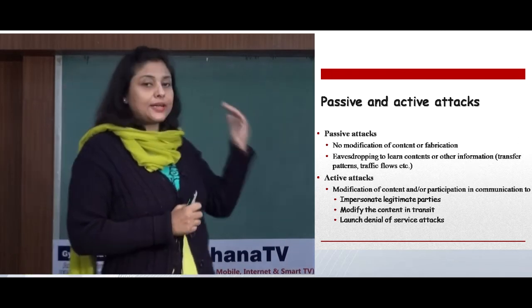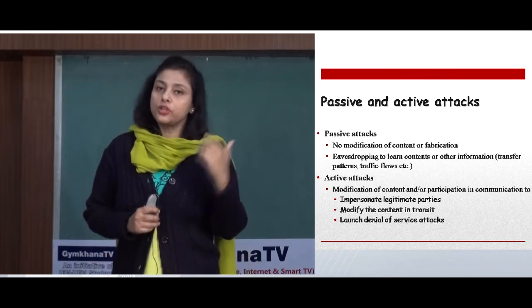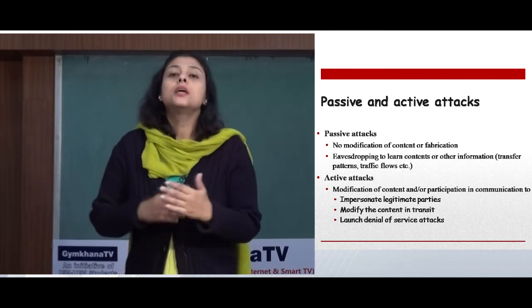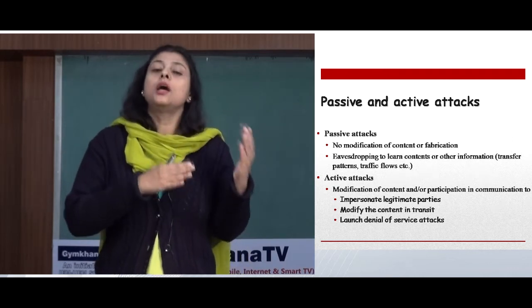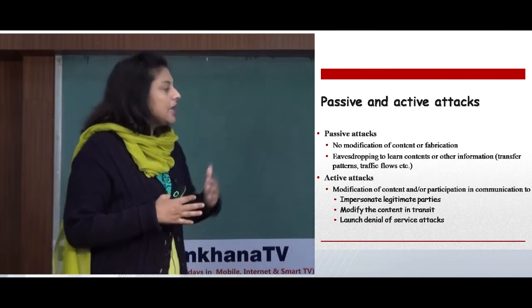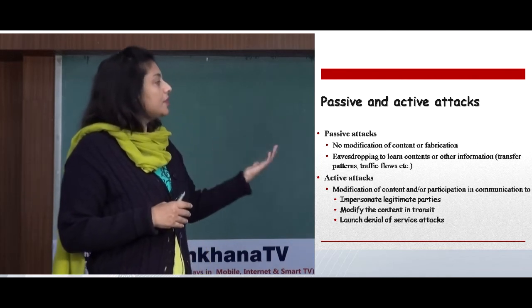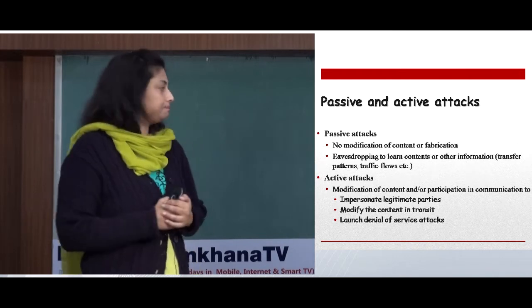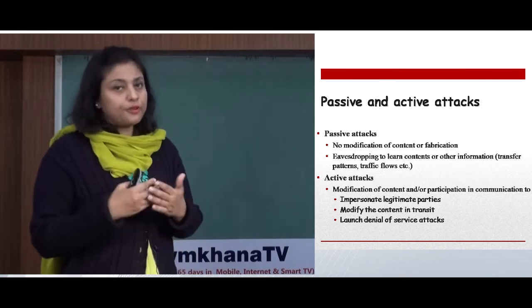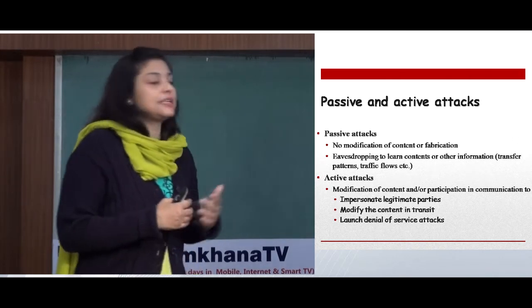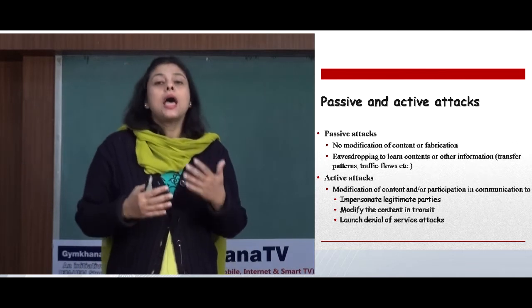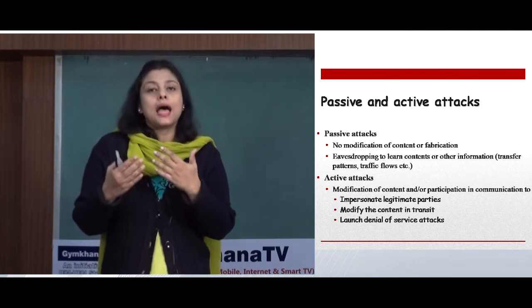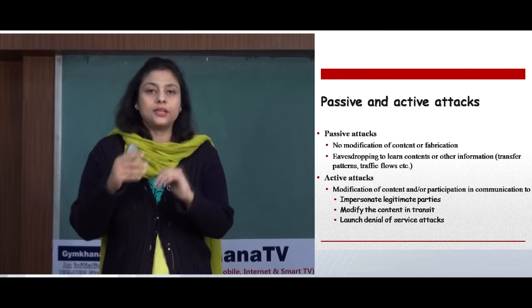And for active attack, the motivation is quite different. The motivation is to stop the communication between the source and the destination. In this case, they do modification of the content or they participate in communication. So what are the different forms? They can impersonate legitimate parties. Impersonation means the attacker behaves as if it is the one which is intended.